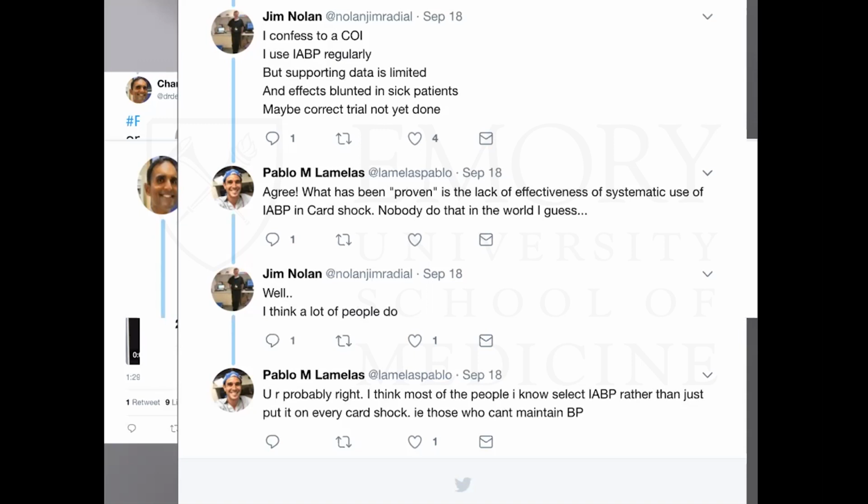Then Pablo, who's a good guy, says, agree, what's been proven is a lack of effectiveness of systematic use of balloon pumps in shock. So I think this brief little interchange kind of spells out the role of balloon pump in 2020. It's not your default device, but if it's all you have, or if your patient is limited in terms of their vascular access, I don't think you're wrong in using a balloon pump.